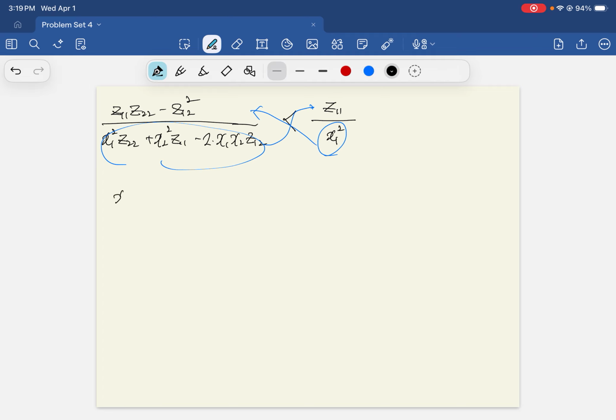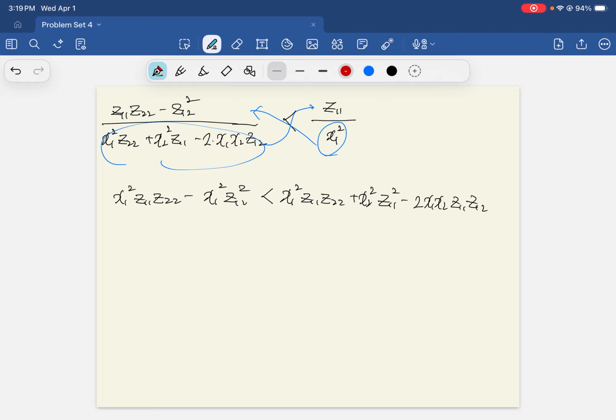Then x1 squared z11 z22 minus x1 squared z12 squared should be smaller than x1 squared z11 z22 plus x2 squared z11 squared minus 2 x1 x2 z11 z12. That is simple rearranging.